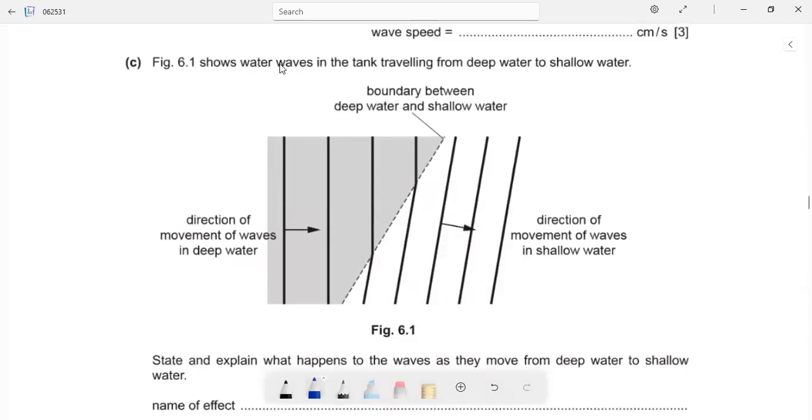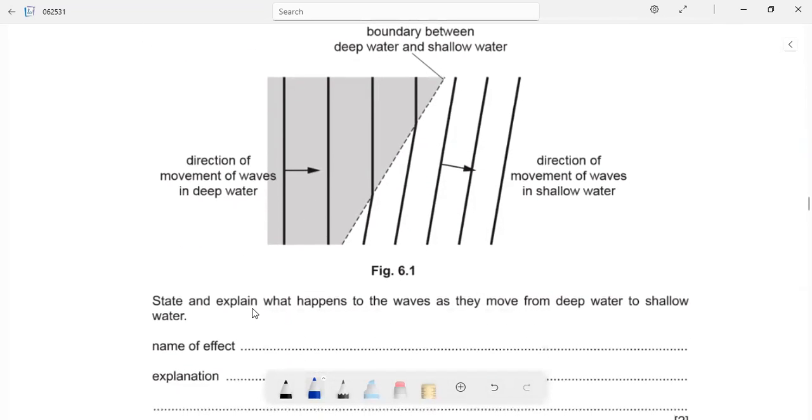Figure 6.1 shows water waves in the tank traveling from deep water to shallow water. State and explain what happens to the waves as they move from deep water to shallow water. So when the wave is moving from deep to shallow, the wave speed will decrease, and wave height will increase, and refraction will occur.